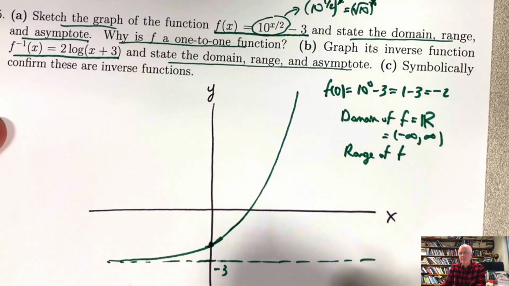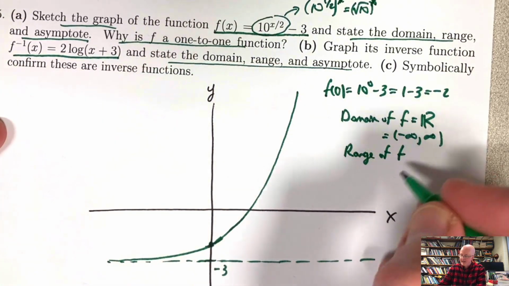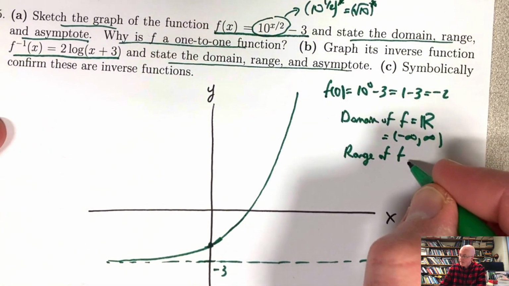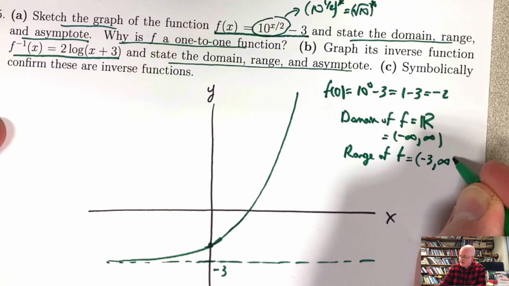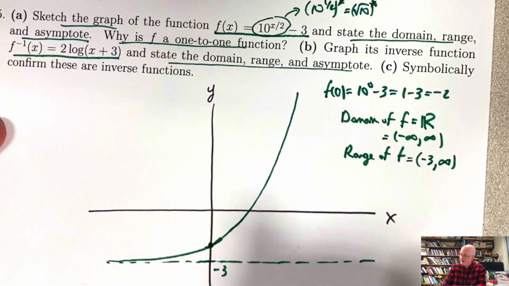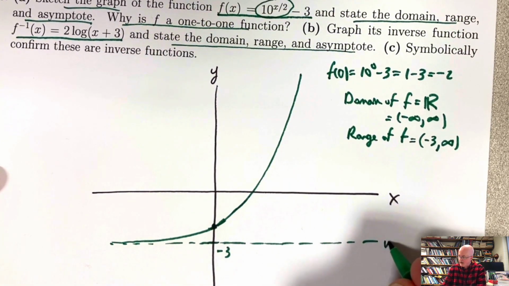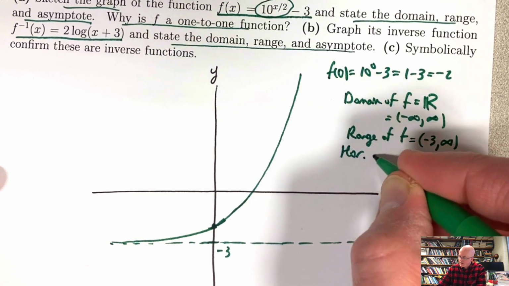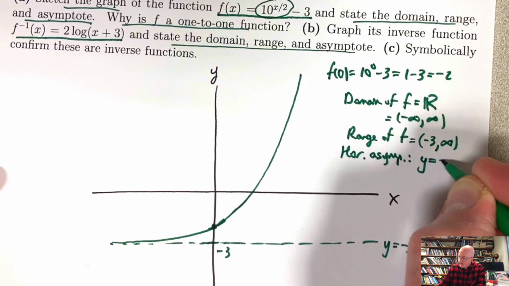Just like the original exponential function does not reach 0, so this function does not reach negative 3. It does have a limit of negative 3 as x goes to minus infinity. But the range is the open interval from negative 3 to infinity. All y values strictly bigger than negative 3. What is the asymptote? It is this horizontal line, y equals negative 3. That's a horizontal asymptote at y equals negative 3.